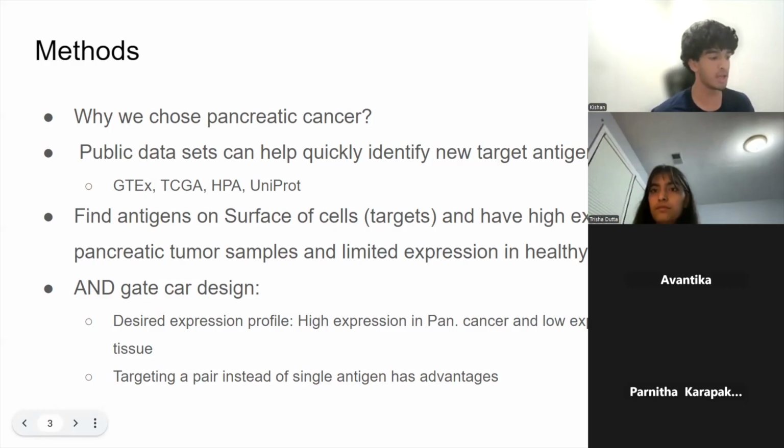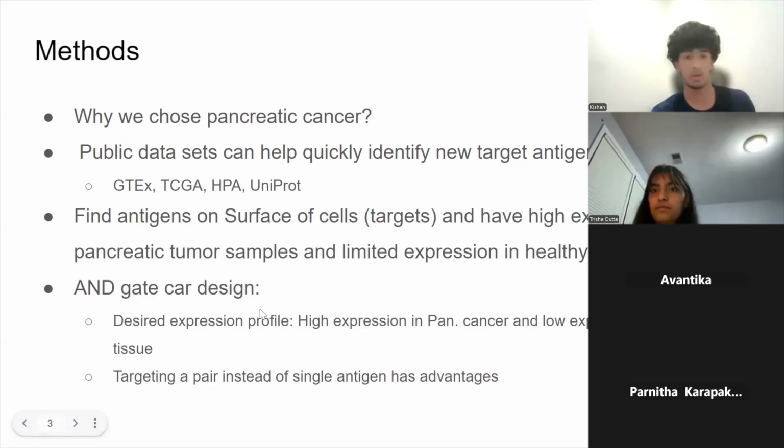Expression analysis applied stringent thresholds: high expression in tumors and low to no expression, less than or equal to 5, against protein level evidence for surface expression from the human surfaceome. Expression profile was translational relevance. The most promising antigen pair we found was CCAM5 and GPR119.